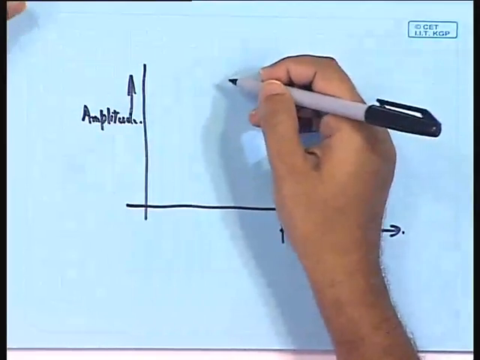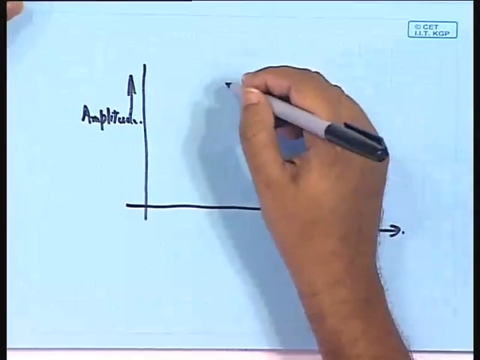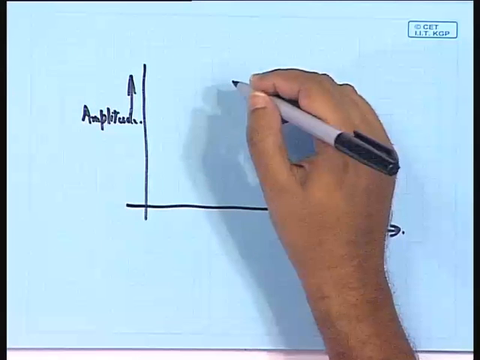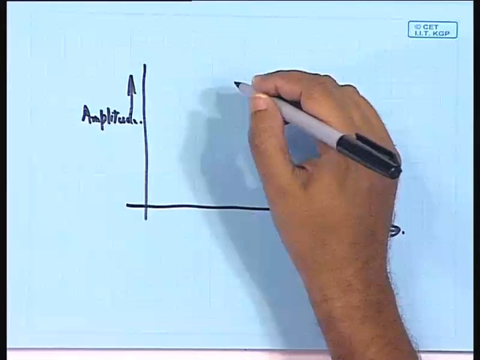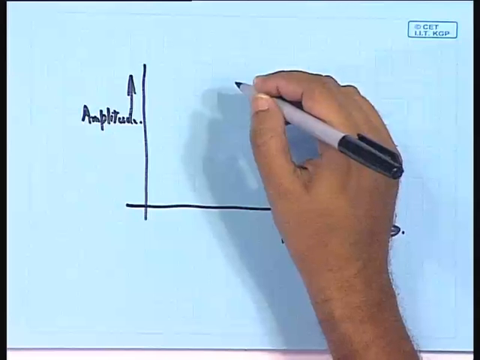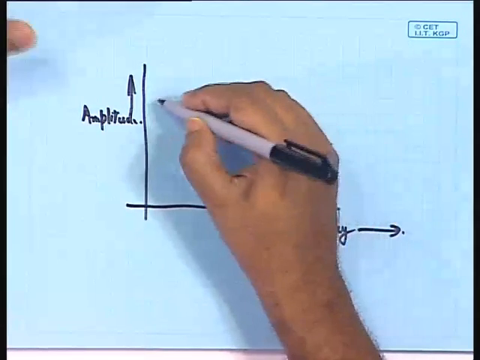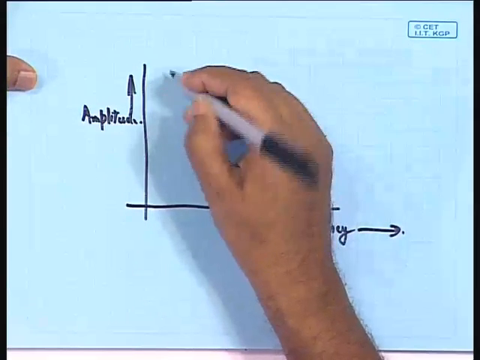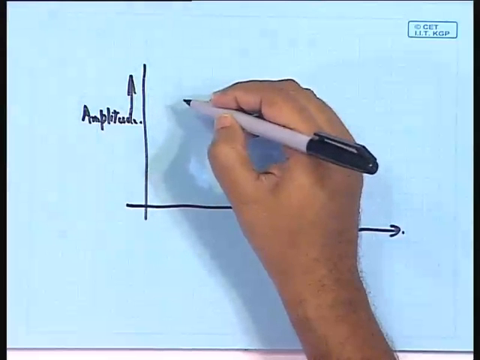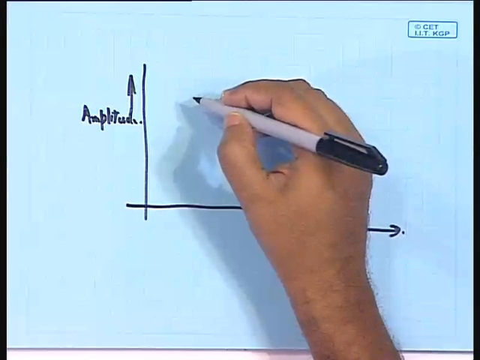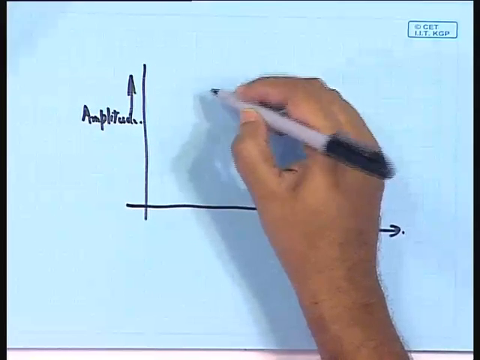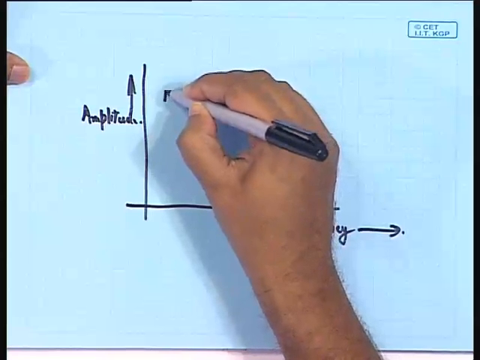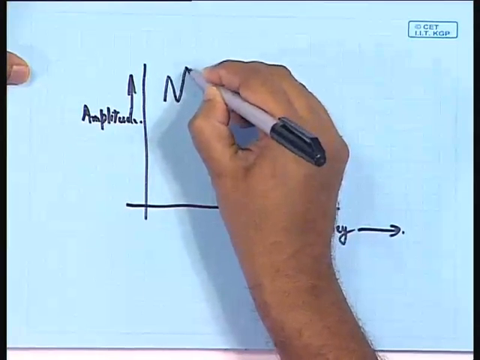Now, if the pitch is, let us say, 100 hertz, then you will observe the multiples of 100 hertz. And how are the multiples generated? Again, because it is rich in harmonics.